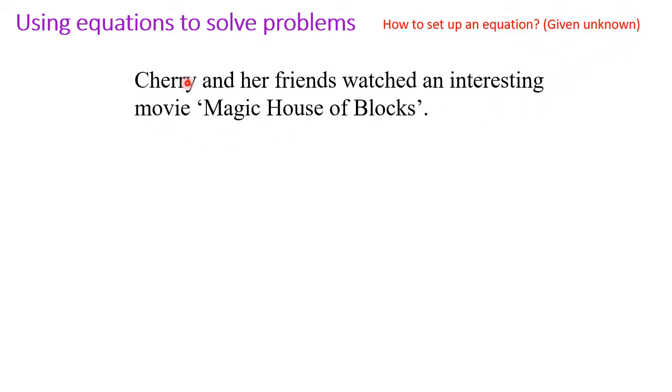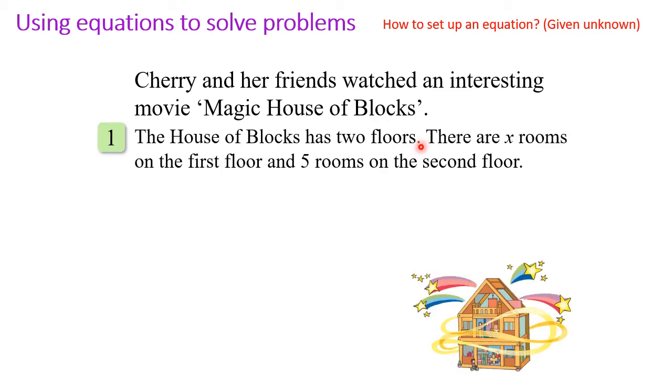For example, Cherry and her friends watch an interesting movie, Magic House of Broad. They found that the house here has 2 floors. The first floor has x rooms, and the second floor has 5 rooms.